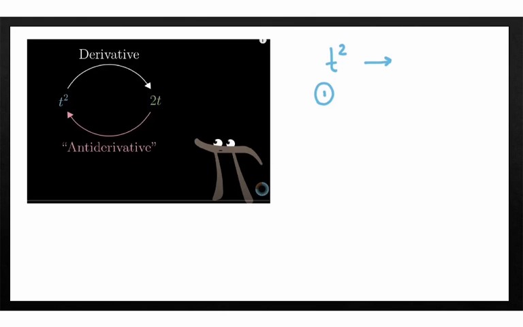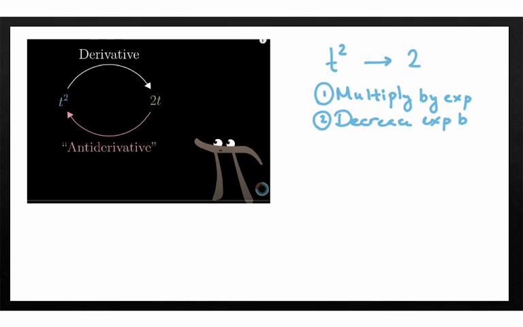So first, we multiply by the exponent. So we bring that 2 down, and then we decrease the exponent by 1. So now instead of t to the second, we have t to the first. That's a derivative.